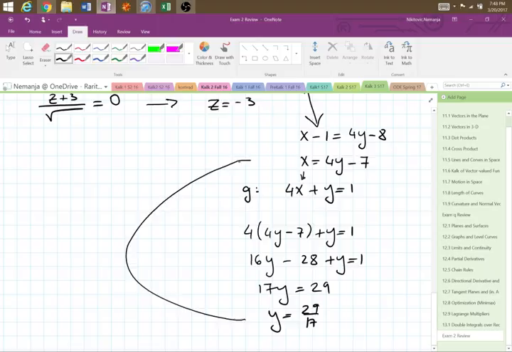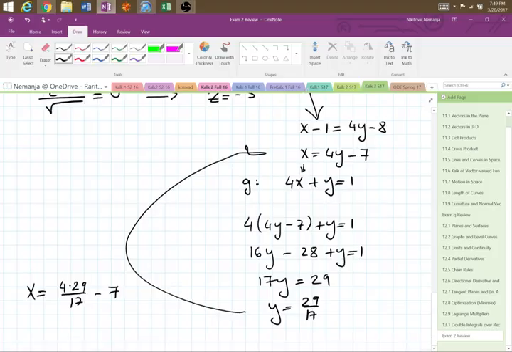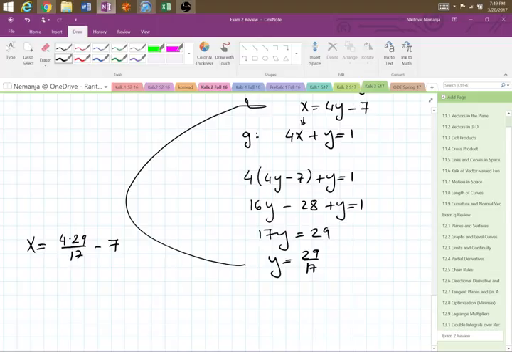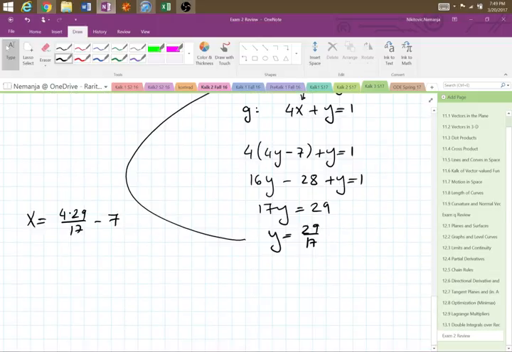We plug that back into x. So push that all the way up top to get that x is equal to 4 times 29 over 17 minus 7. And we already have z, negative 3, up there.